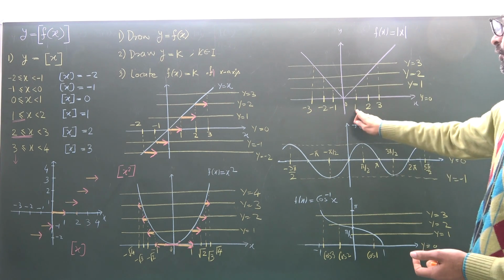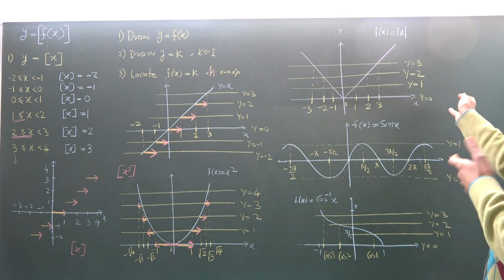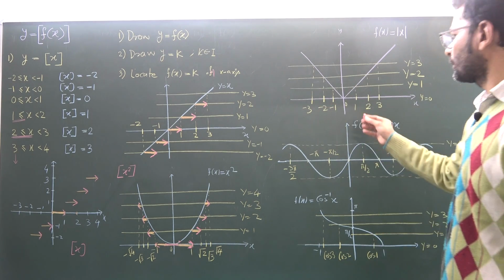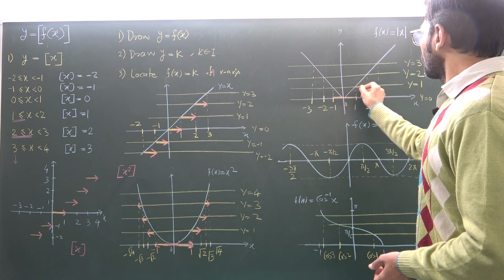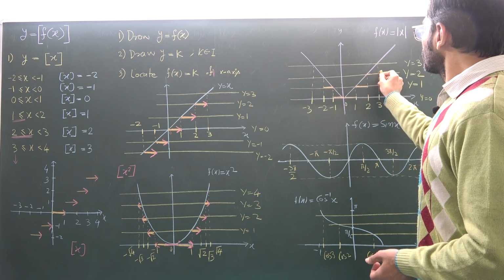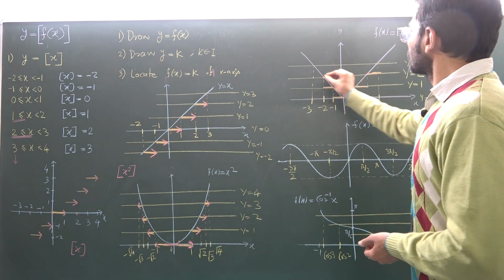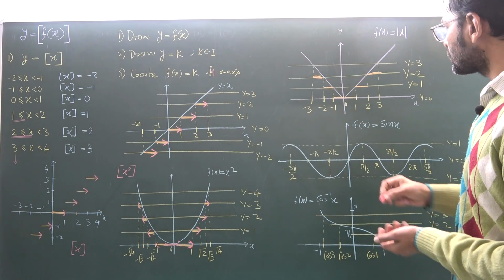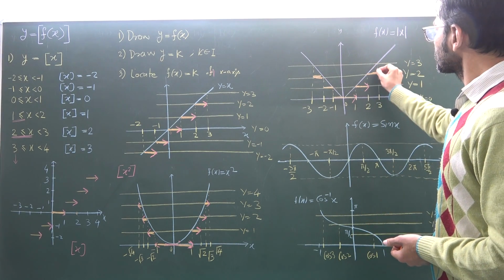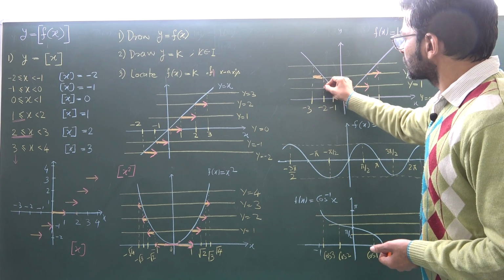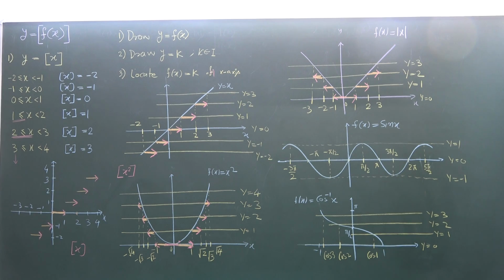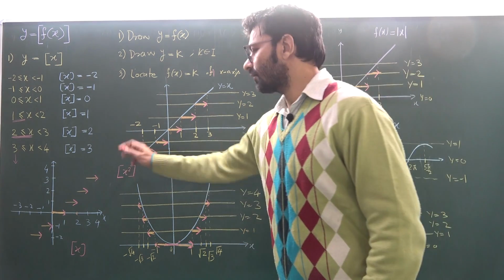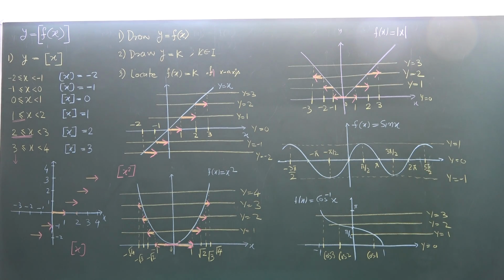I've already located points on the x coordinate: 1, 2, 3, minus 1, minus 2, minus 3, and between 0 to 1 the value is 0, then 1, then 2. What about arrows? This, this, this, this, this, this. But at x equals 0, the graph is continuous. Again, the graph is symmetrical about the y-axis. Why? Because x square has an even power, modulus x is again symmetric.